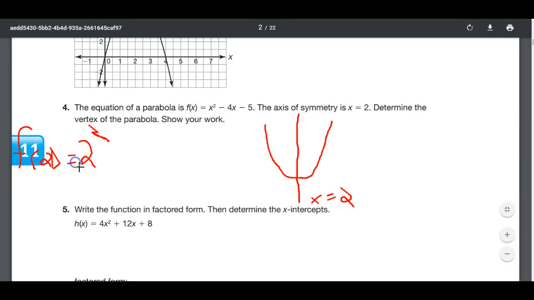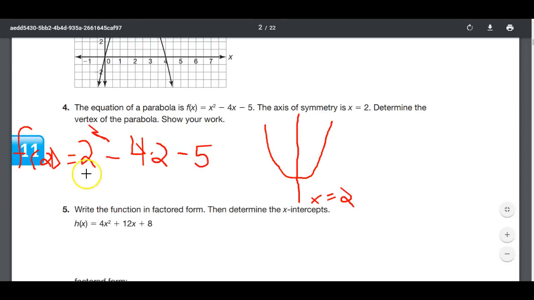Anyway, for the x, I'm going to put 2 squared minus 4 times 2 minus 5.